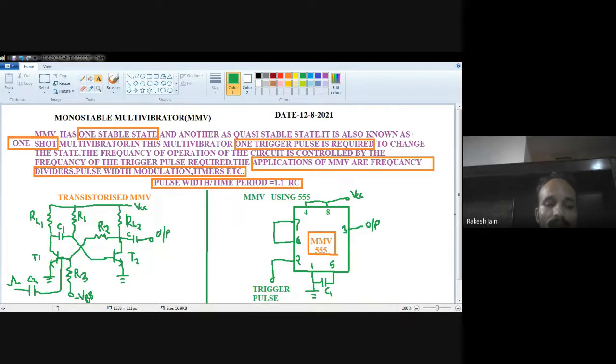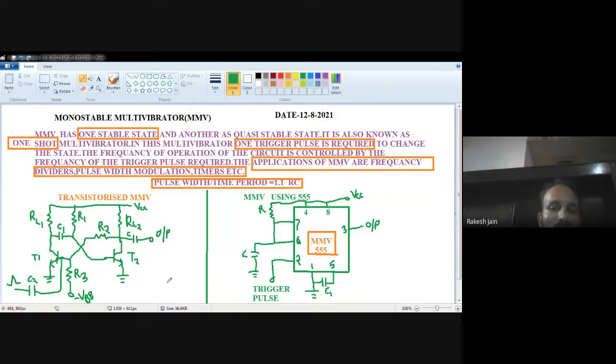The 4th number pin and 8th number pin are connected via a resistor of value R, and then the 7 and 6 number pins are connected with a capacitor C, and then to ground.